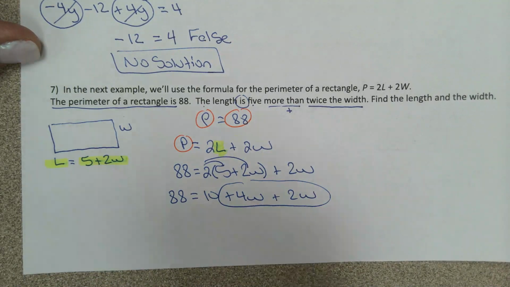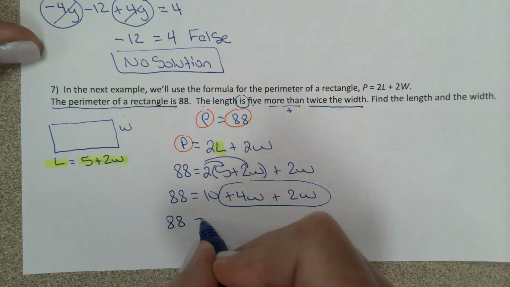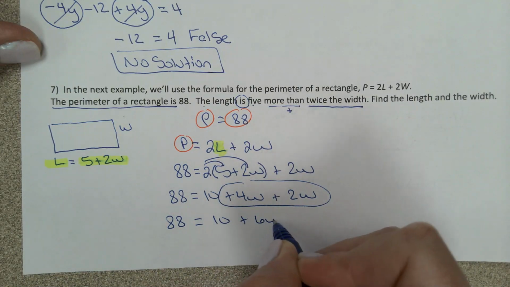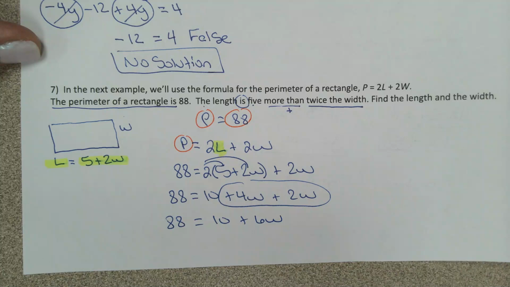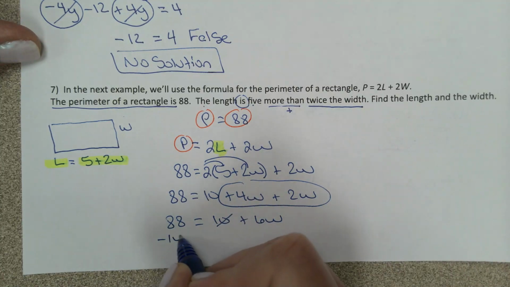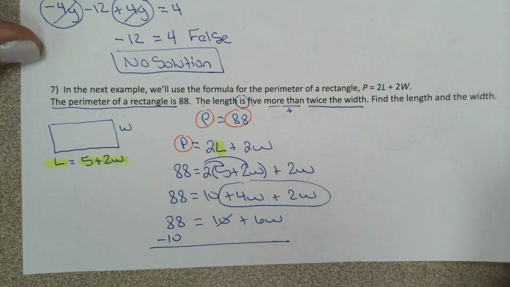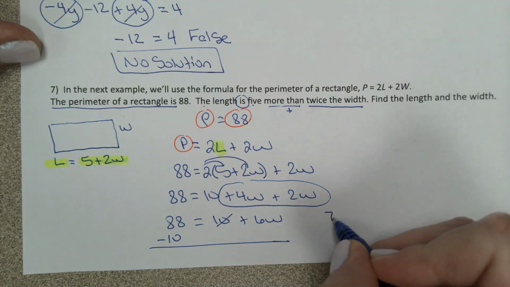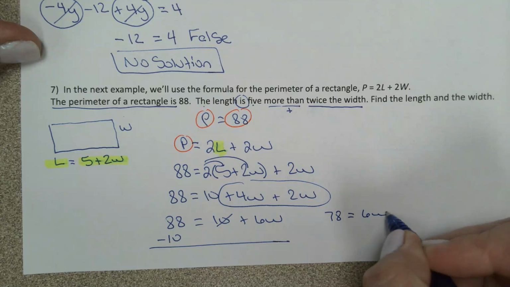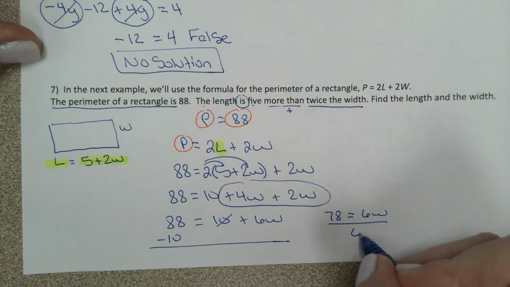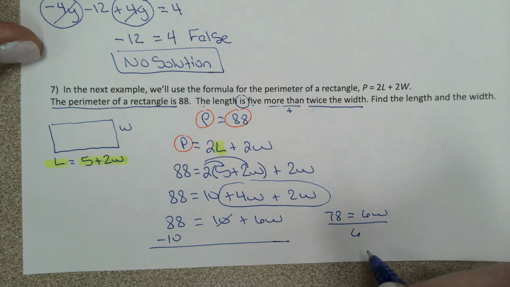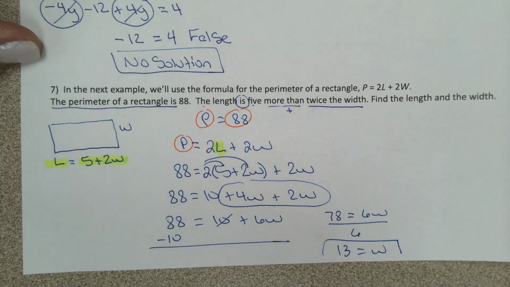I'm going to combine like terms. 88 equals 10 plus 6W. I'm going to do algebra, so I'm going to subtract the 10 over. You get 78 equals 6W. You divide by 6, and I get 13 equals W.